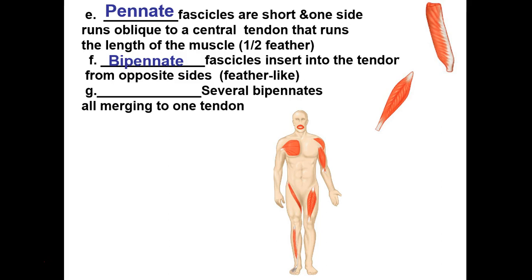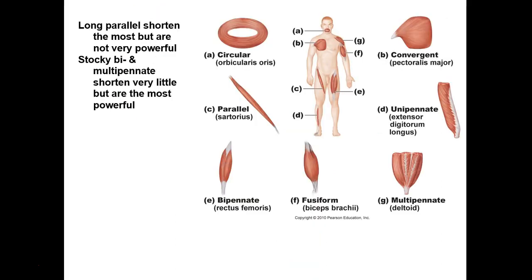The fascicles insert into a tendon from opposite sides, and an example of that kind of arrangement can be seen in the quadricep muscle. And then if we put several feathers together, then we have multipennate, and that would be like your deltoid muscle. Look how it looks like a triangle. So this is a picture that shows all the different examples of the arrangements of fascicles.